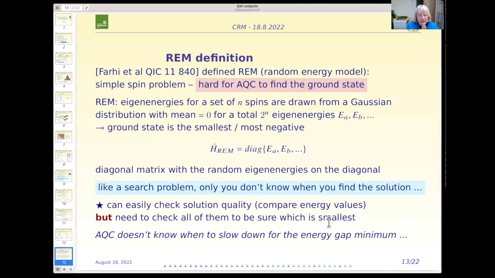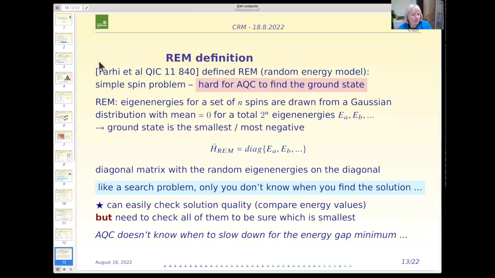Now I'm going to compare the spin glass, and remember we chose the spin glass because we know adiabatic quantum computing can do something promising with it, finding the ground states. I'm going to compare it with a problem that we know is hard for adiabatic quantum computing.